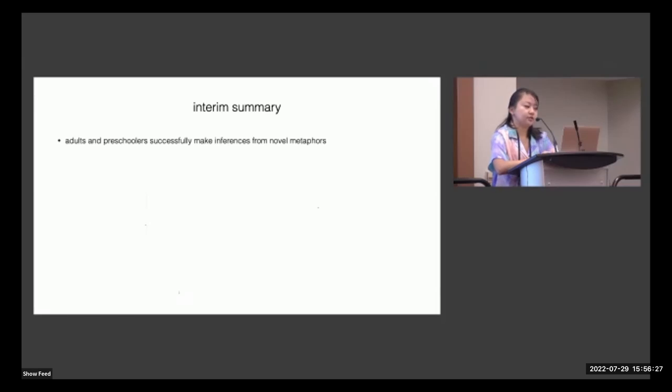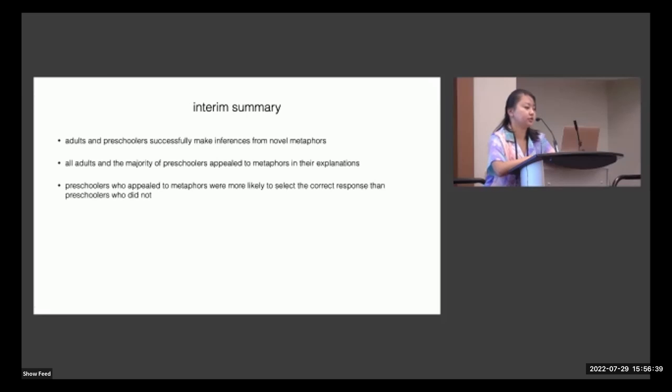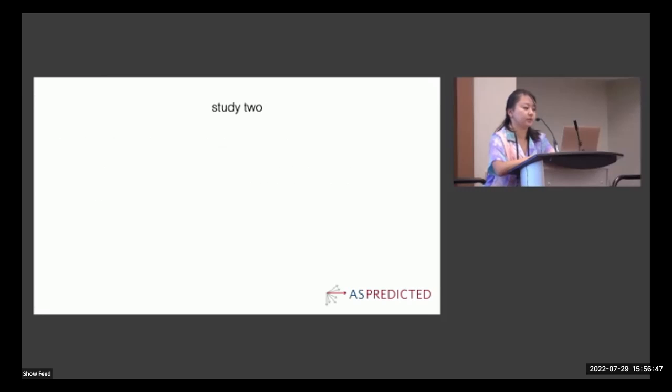As a quick interim summary, adults and preschoolers seem to successfully make inferences from novel metaphors. The majority of adults and preschoolers appeal to metaphors in their explanations. And the preschoolers who did appeal to metaphors were more likely to select the correct response than preschoolers who did not.